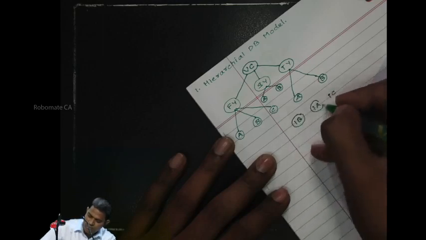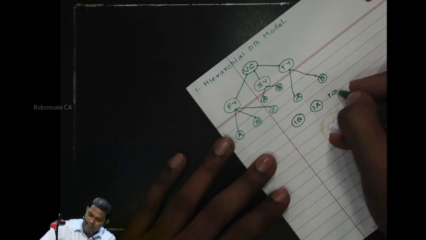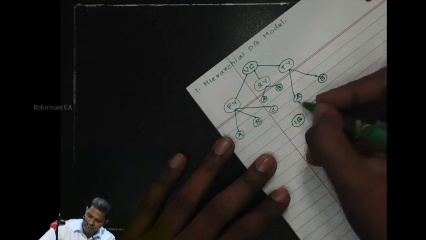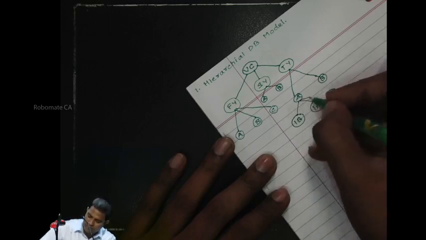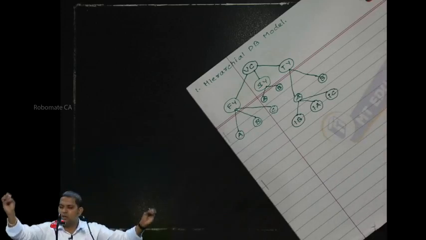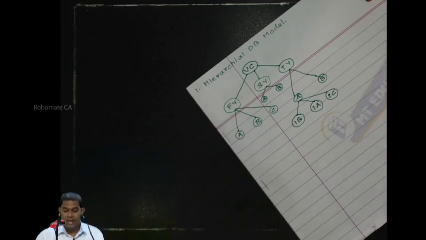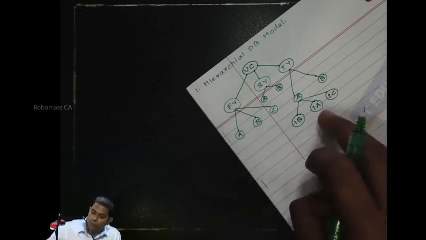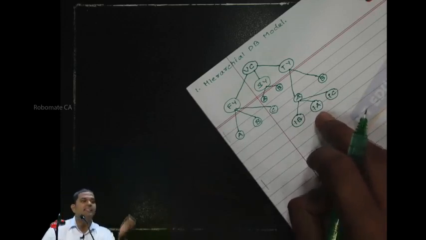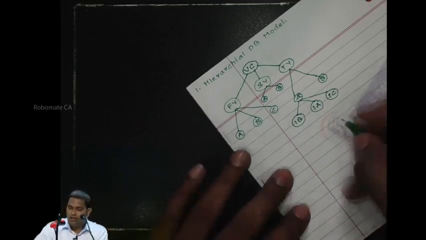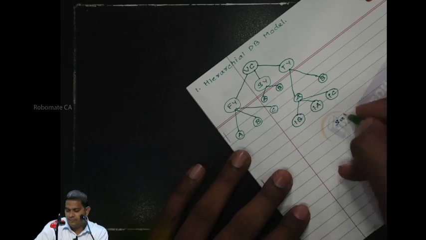I made a mistake, I wanted to do A1, A2, A3. Whatever, you have understood? There are different groups with different node names. And in group 1A, there is a student called Satya.